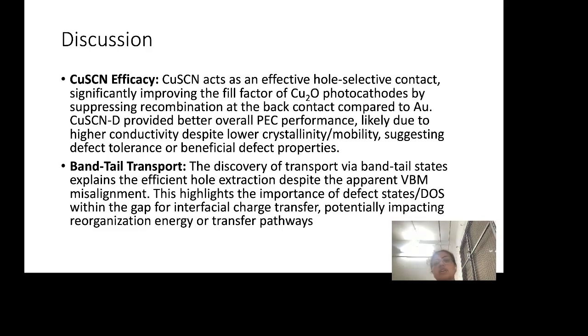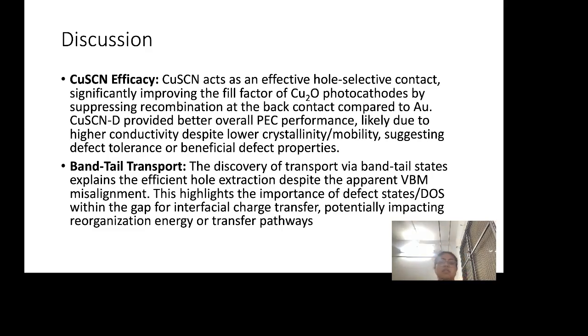I think the final discussion that this paper brings about is, first, that copper thiocyanate can act as an effective hole selective contact, which can significantly improve the fill factor of these photocathodes by suppressing recombination and giving better performance, and also by being more transparent, enabling better performance in a tandem cell.